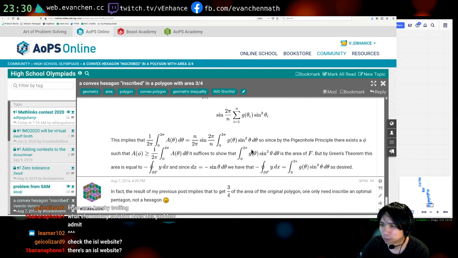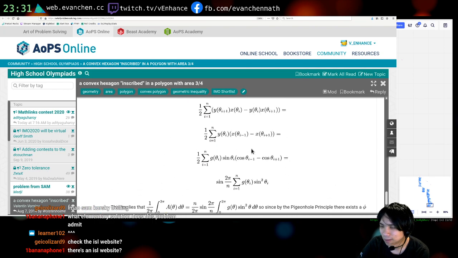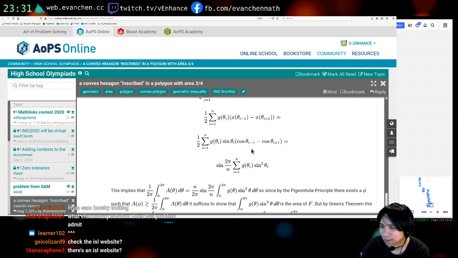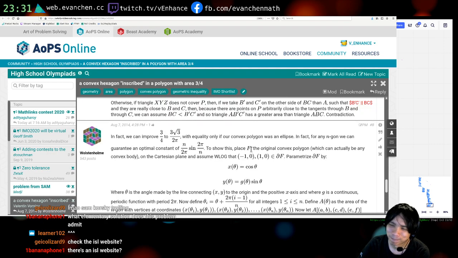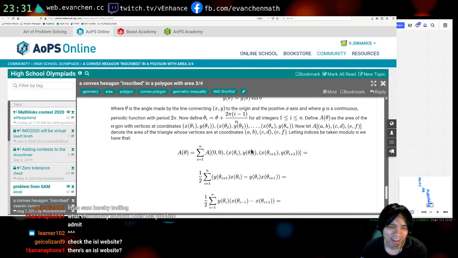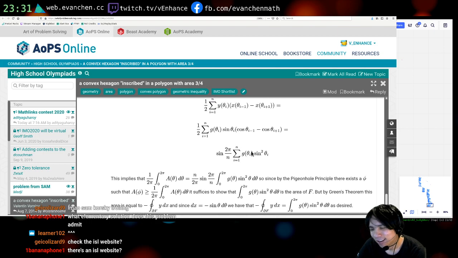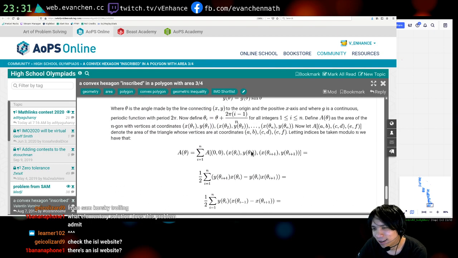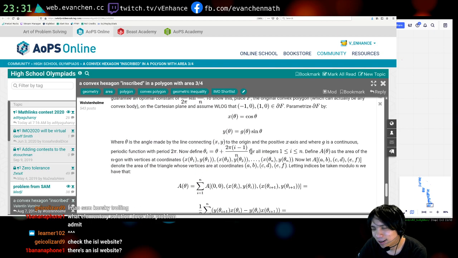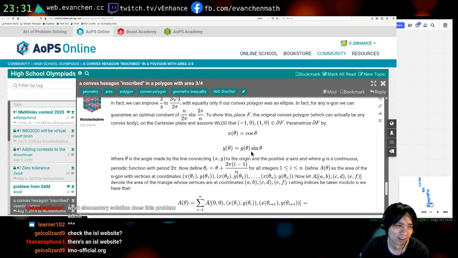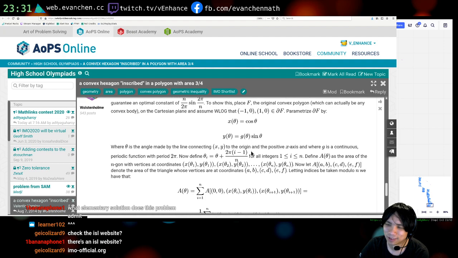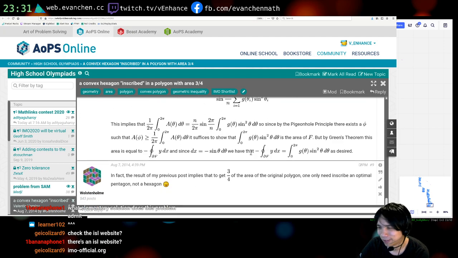And equal spokes will work. Oh no, this works. Okay. Rip, rip.